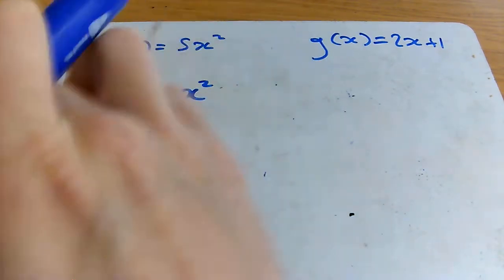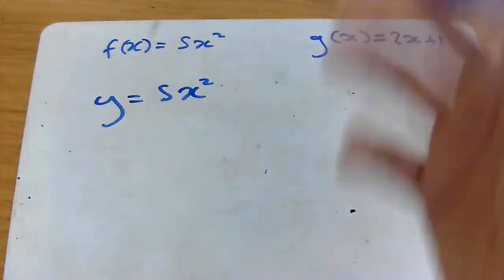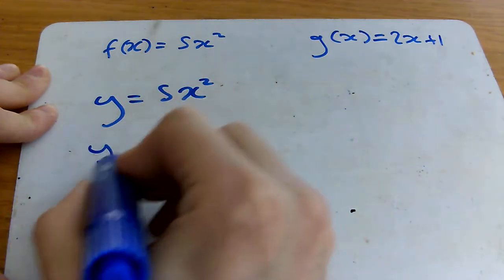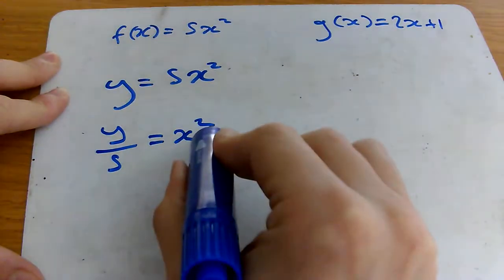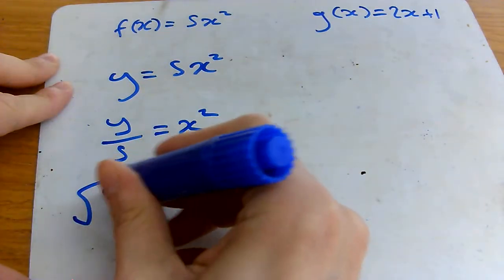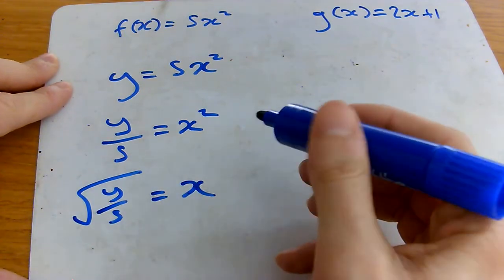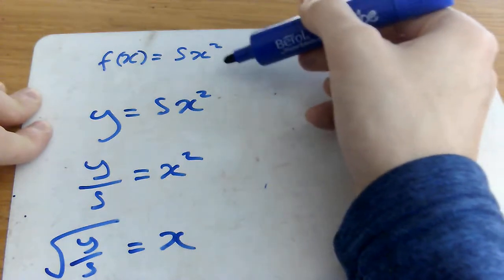We're going to switch the input and the output around. So the x is going to be the subject and the y is going to be the thing where stuff is happening to it. So we're going to divide by 5, and that'll get us that, and then we'll square root both sides, and that's that. So that's the inverted function. That's dividing by 5 and square rooting it, which we kind of saw just by thinking about it earlier.